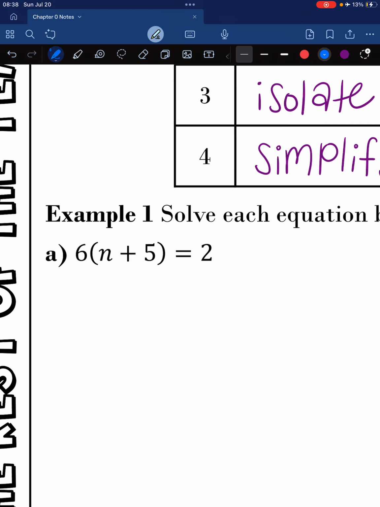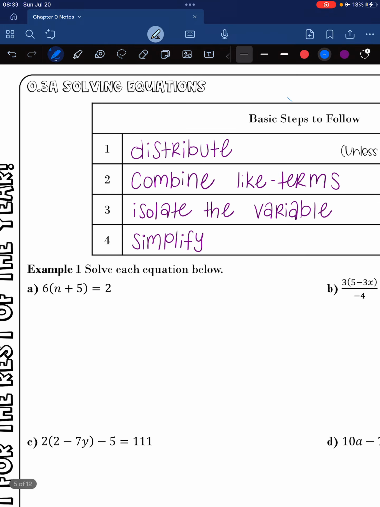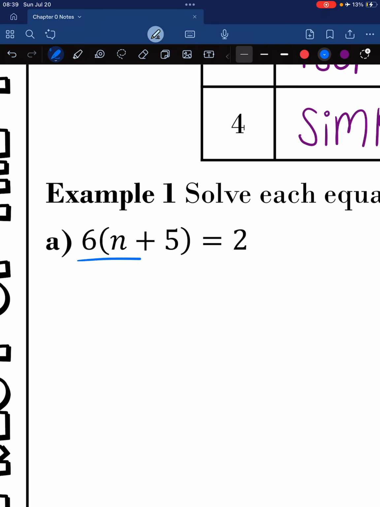Solve each equation below for whatever the given variable is. Okay, step 1 is to distribute unless it's easy to divide both sides. So one option in this problem would be to start by dividing both sides by 6. And that saves me from having to distribute and then resolve.